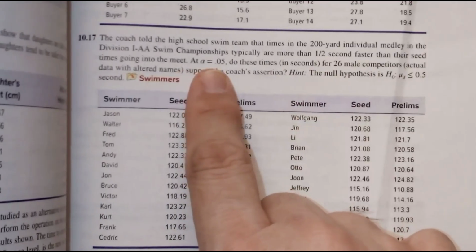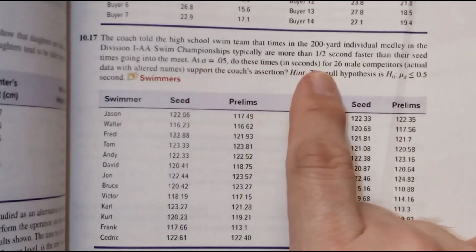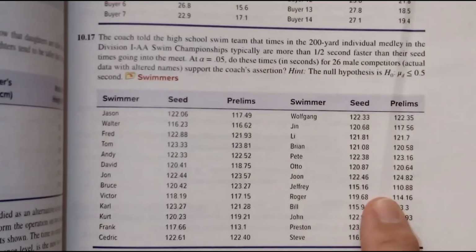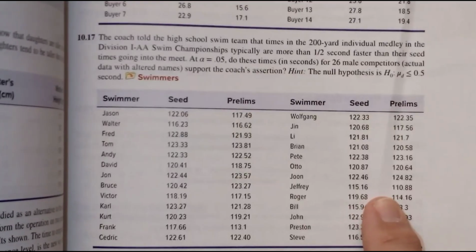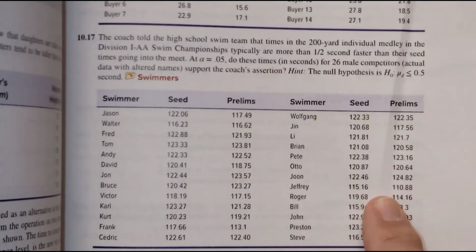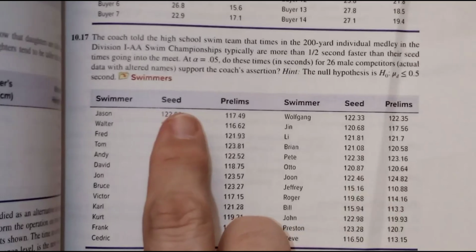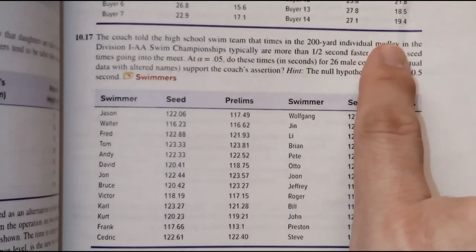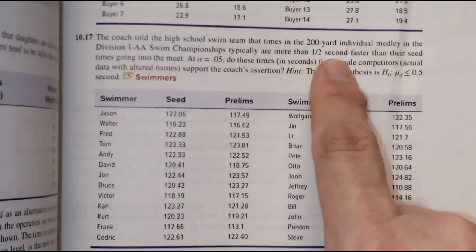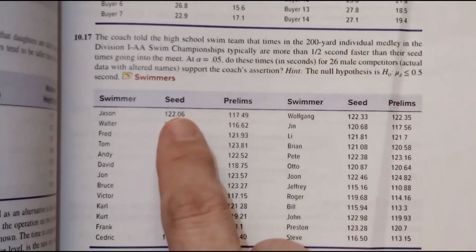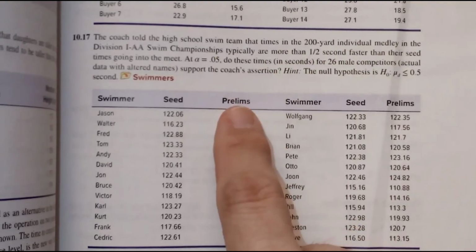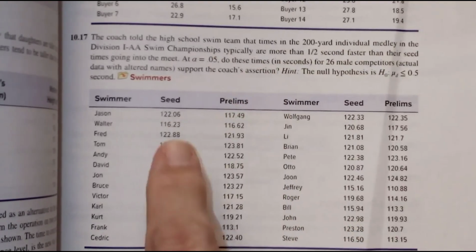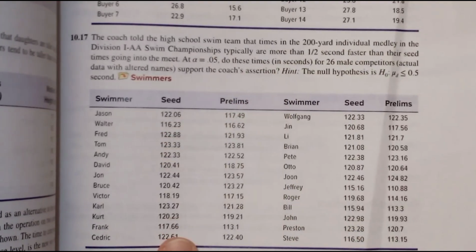At 5% significance, do these times in seconds for 26 male competitors support the coach's assertion? Do we believe that the individual medley times are more than ½ second faster than their seed times? So, do these times beat these times?